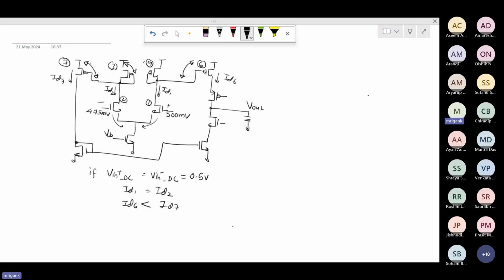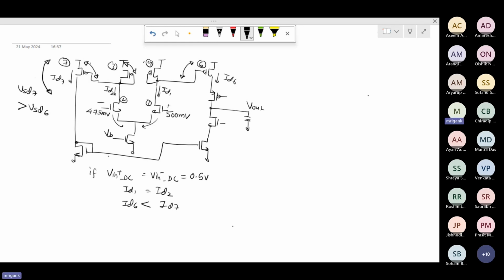So under this condition, the VSG of M7 and M6 are same. But the VSD of M7 is significantly greater than VSD of M6, because M6 has 3 transistors in stack in the load, whereas M7 has only this. So VSD of M7 is going to be higher.